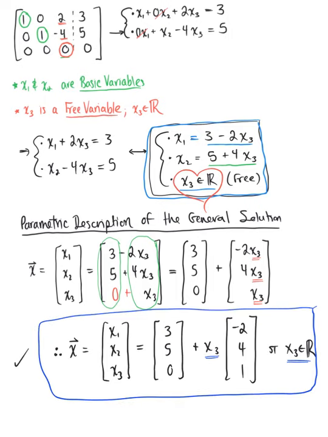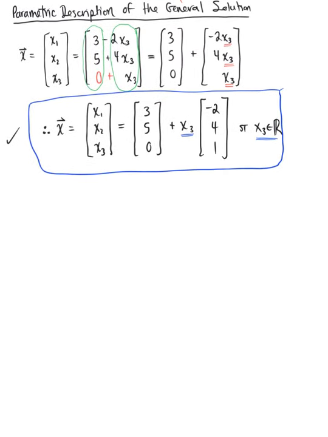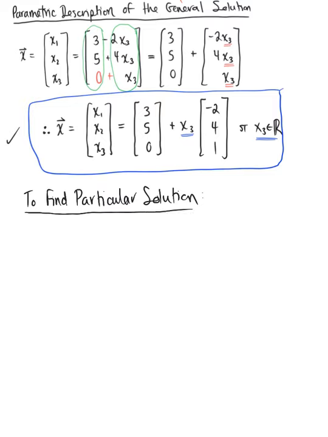But if I was to ask you to use this now to find a particular solution, you simply need to choose a specific numerical value for x sub 3. And let's be lazy mathematicians for a moment, trying to do this in the most efficient and effective way possible. Let's let x sub 3 be 0.